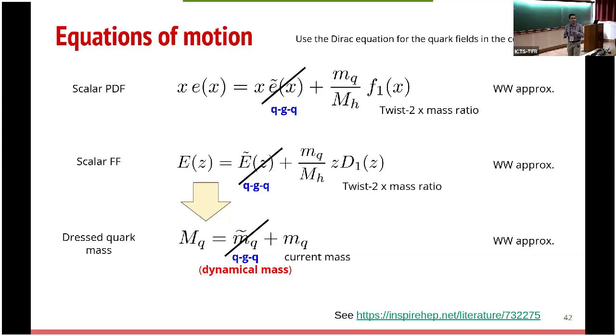This lecture was a bit dense, I believe. So the take-home messages are the following. If you want to measure transverse momentum physics, you have to go to a process that gives you an experimental handle on transverse momentum, like semi-inclusive DIS or Drell-Yan or other processes that we don't discuss now. This kind of transverse momentum physics can be addressed with certain approximations.